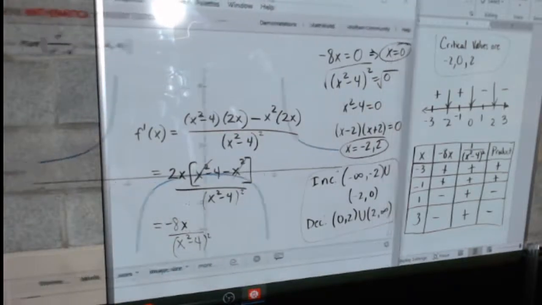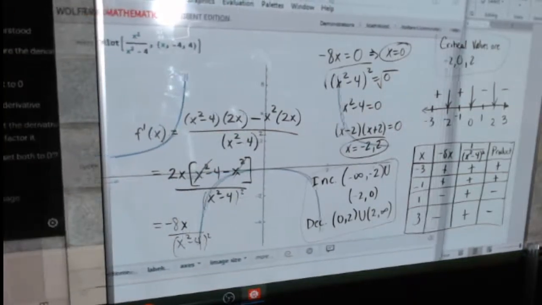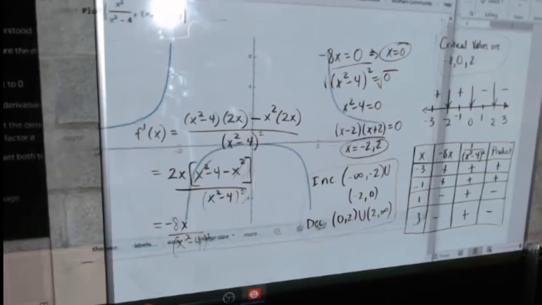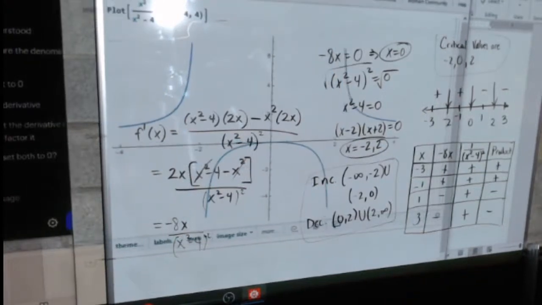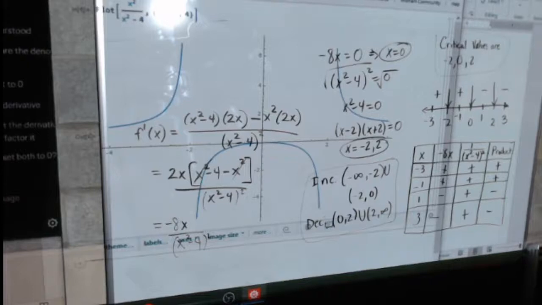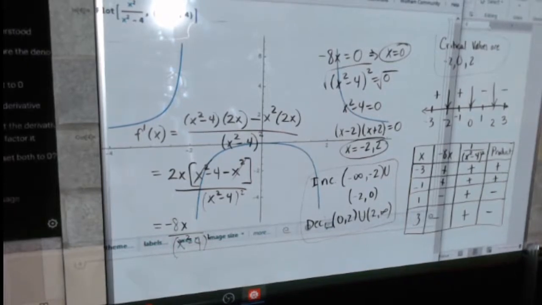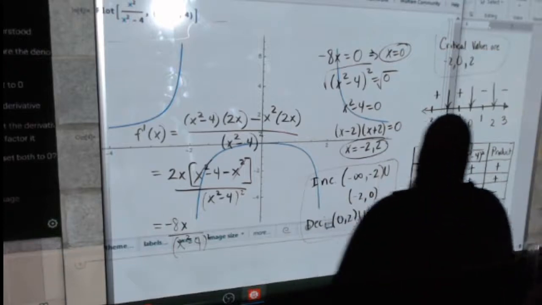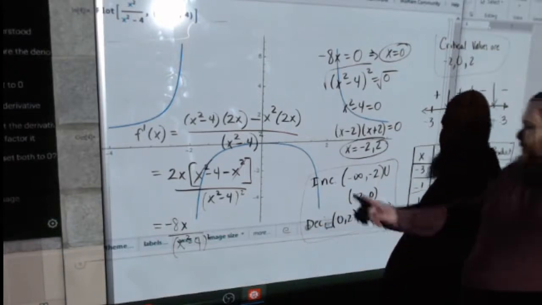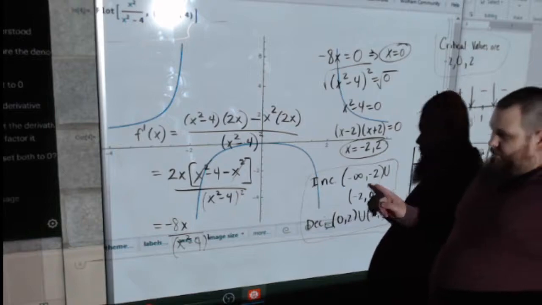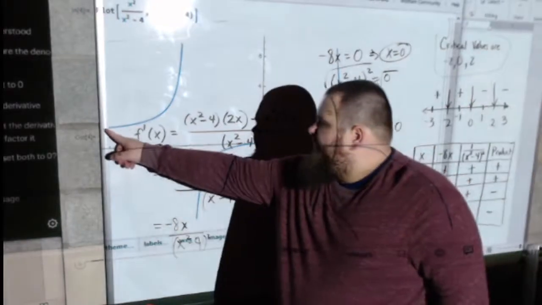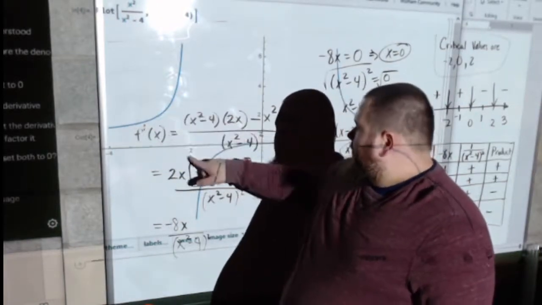So here's the plot. Let's see if maybe we can find a spot on the screen where we can still see it behind all the work. So notice we said it is increasing from -infinity to -2.